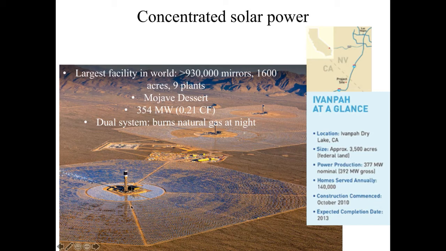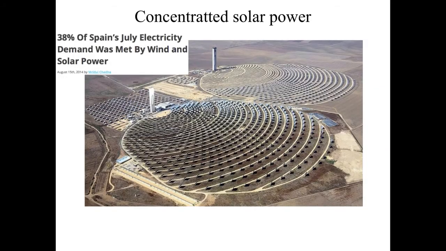When sunlight strikes, the mirrors reflect that sunlight directly onto the tower, and those towers then convert that energy into electricity. Here's one in Spain, and I'll highlight, a couple of years ago, I took this from a newspaper article, that in some portions of the summer now, Spain has actually gone to 100% of their electricity by using these heliostats and concentrated solar power.